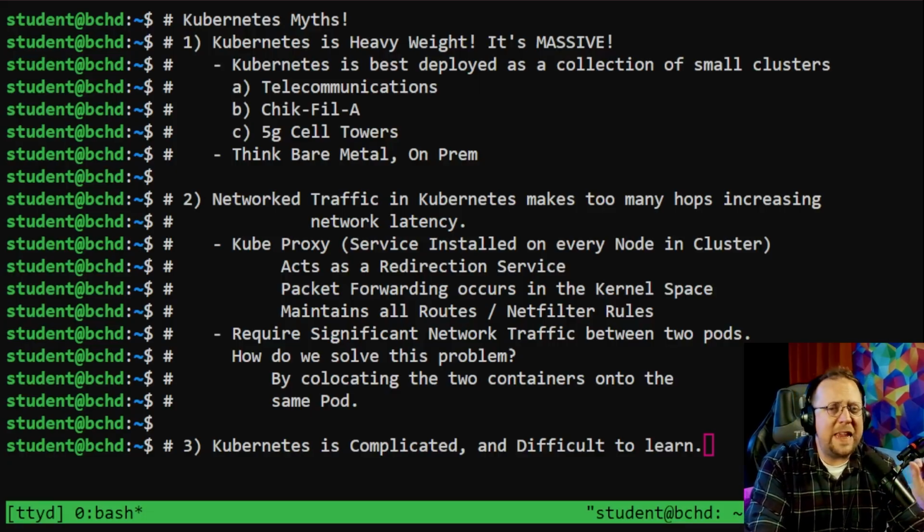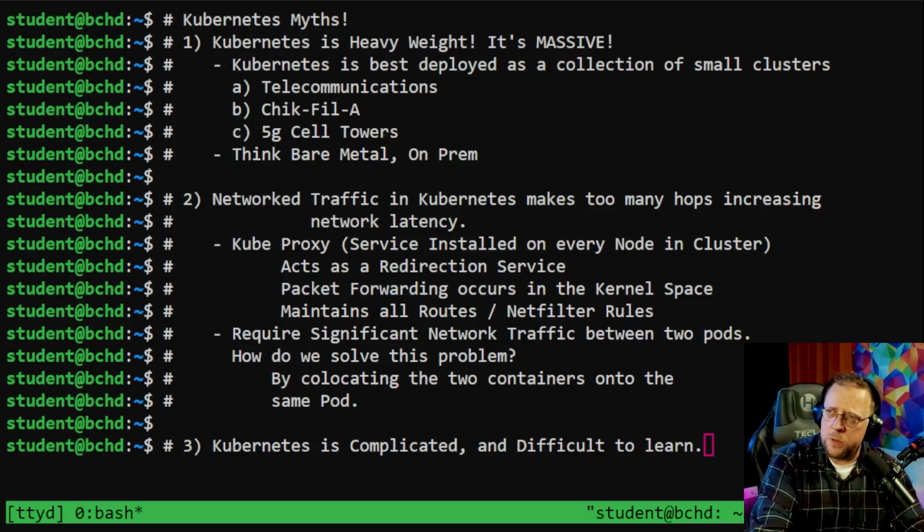Because the problem that he identified with Kubernetes, what's wrong with Kubernetes, was the real problem with Kubernetes. Kubernetes has a training issue. And it's not that it's complicated to learn. It's not that it's difficult to learn.